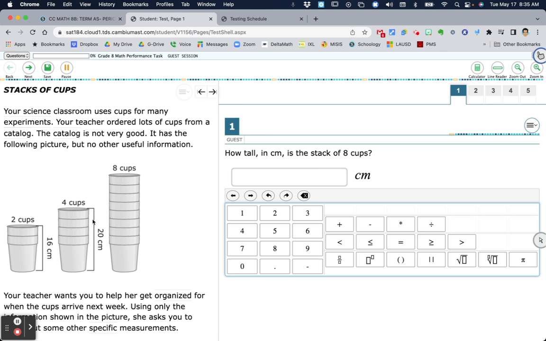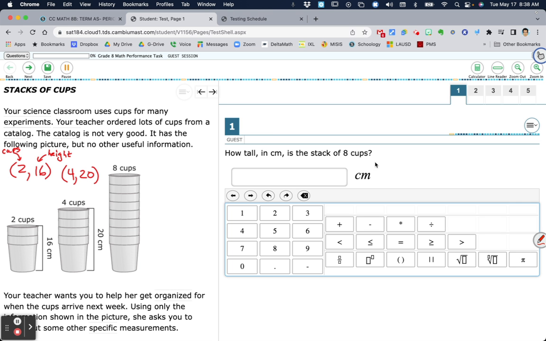And that's 16. This has 4 lips and the bottom, and it's 20. This has 8 lips and the bottom. So this bottom part's an unknown that you really have to figure out in order to figure out for 8 cups. So I'll leave you to it. See if you can figure out how tall the 8 cup stack is going to be.